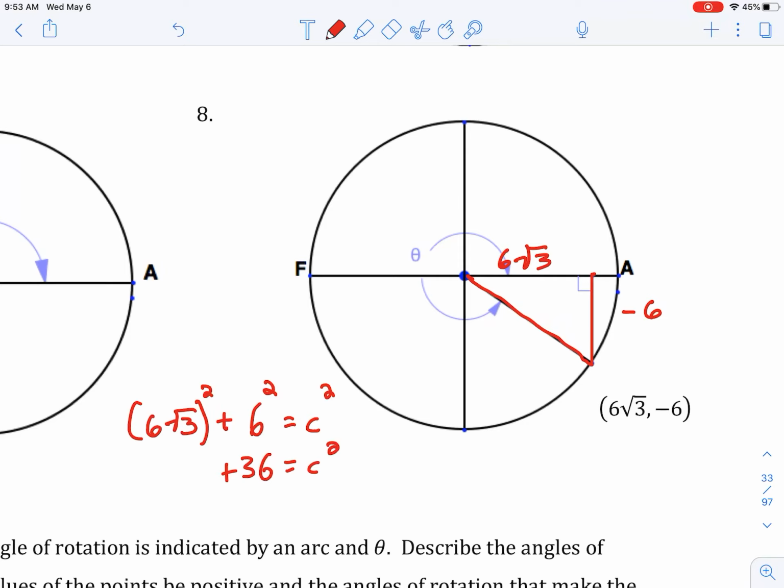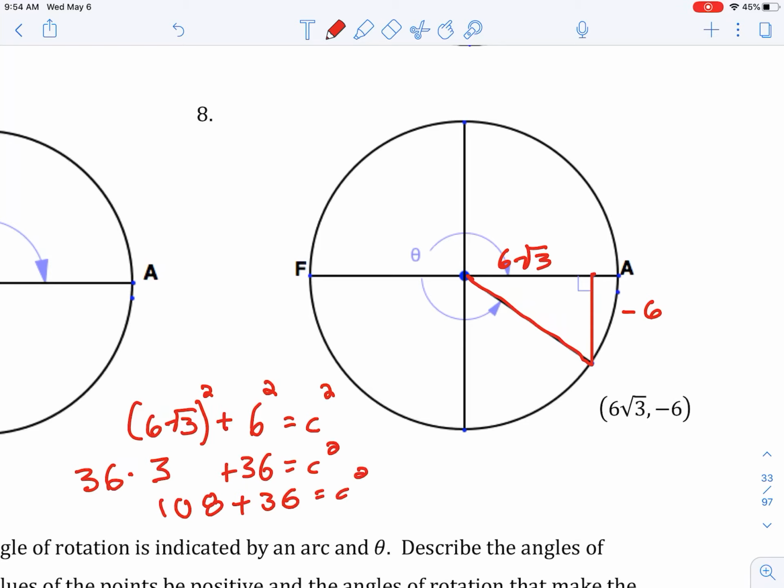And then when I square this, 6 squared is 36, and the square root of 3 squared is 3. So this is like 36 times 3, which is 108.